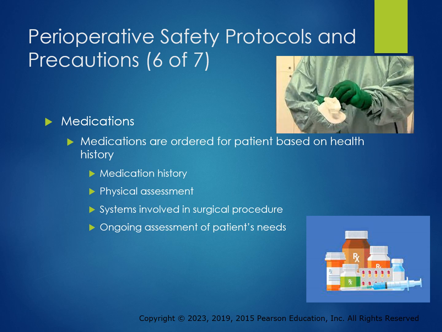And so, when these medicines are ordered, they will again look at the patient's history, the physical assessment, the systems involved, and we've got to do ongoing assessments of this patient.